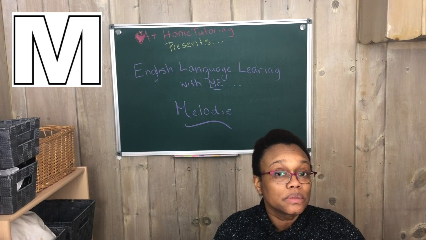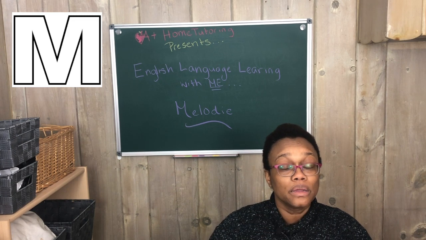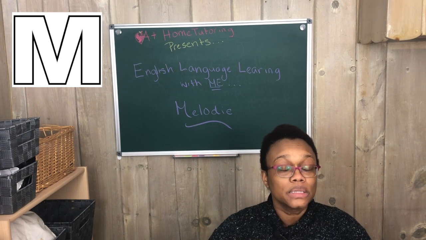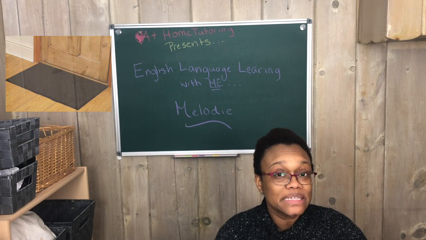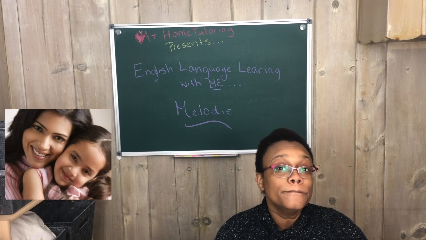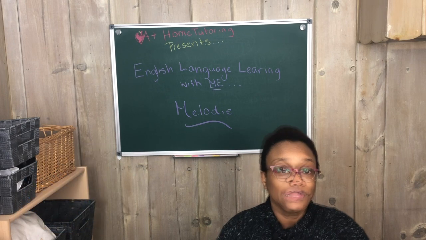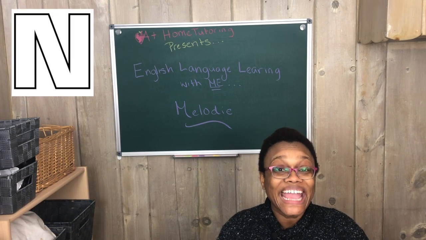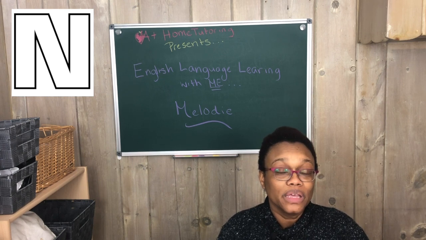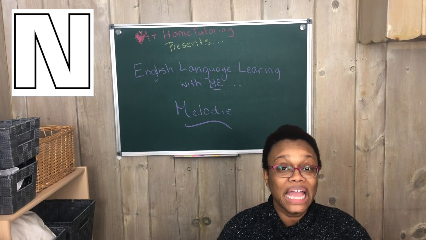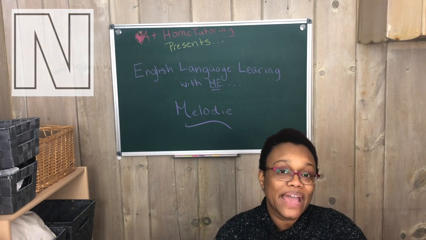The next letter is the letter M. M. The M produces a m sound. For example, mat, mother, monster. The next letter is the letter N. N. The letter N produces a n sound.